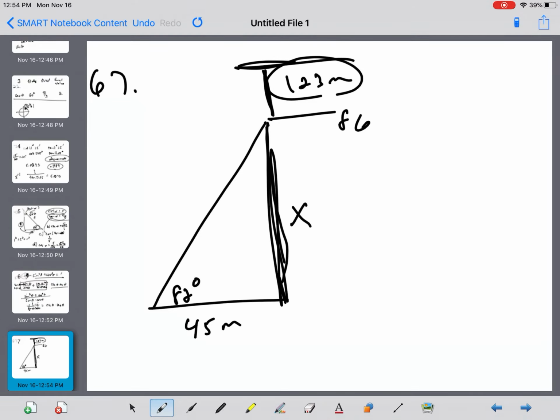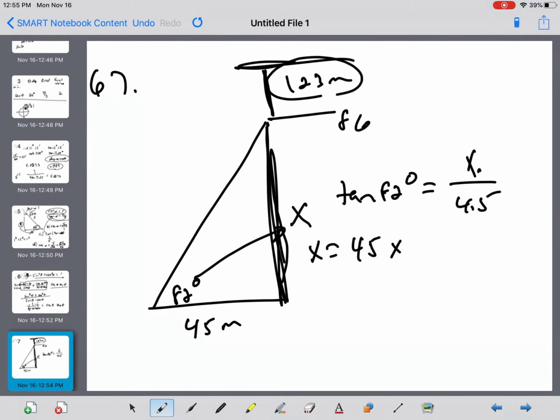Now, I can solve this for x. So if I take the tangent of 82, now why tangent? Because it's opposite over adjacent equals x over 45. Now again, making sure you're in degree mode, this times this equals this. So x is equal to 45 times the tangent of 82.